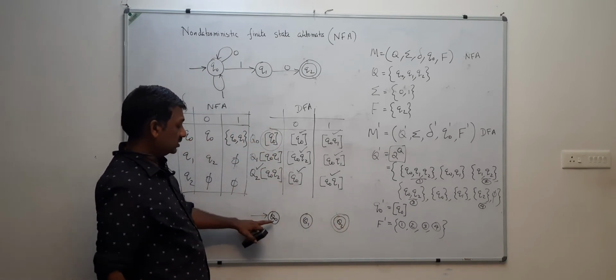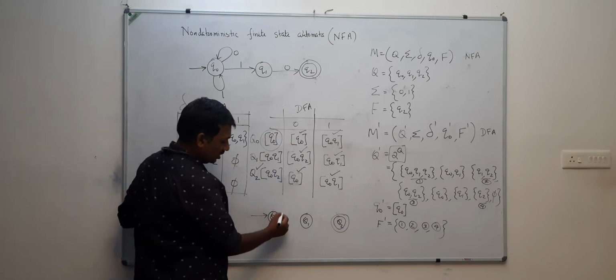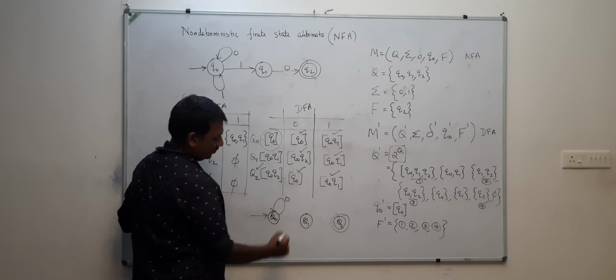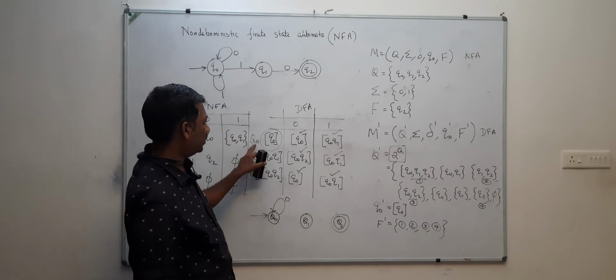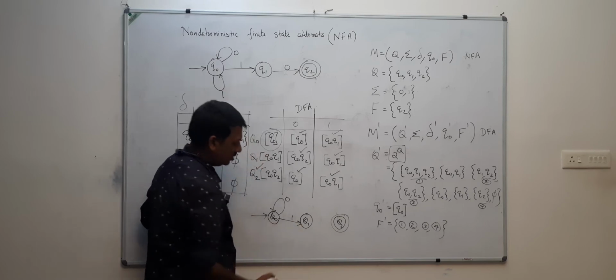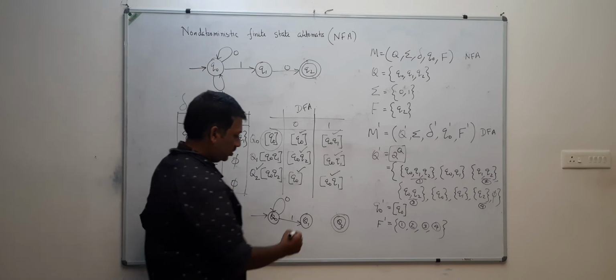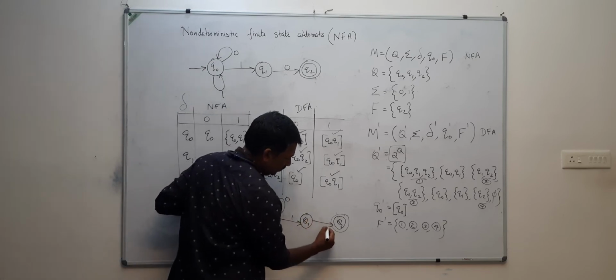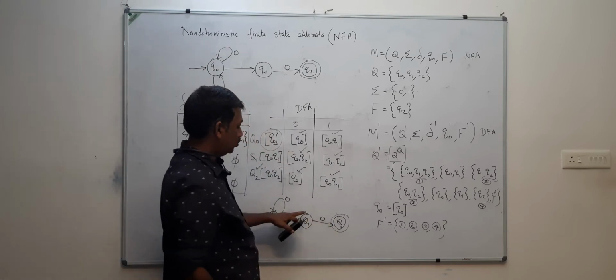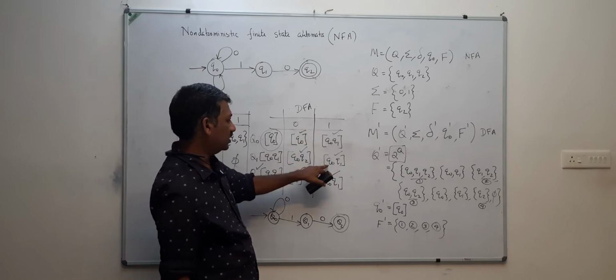Okay. What is Q0 on accepting 0? It is staying in the same state Q0. And Q0 upon reading 1 moves to a new state. What about Q1 on reading 0? It is moving to state Q2, and Q1 upon reading 1 stays the same way.